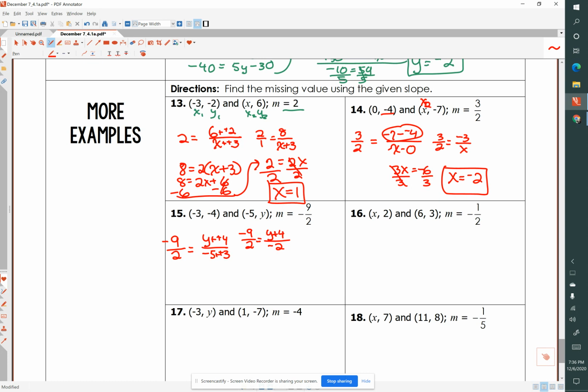And then we multiply negative 9 times negative 2, which is 18, equals 2 times the quantity of y plus 4. 18 equals 2y plus 8. Subtract 8 from both sides. And 18 minus 8 is 10 equals 2y. Divide both sides by 2. And y equals 5.